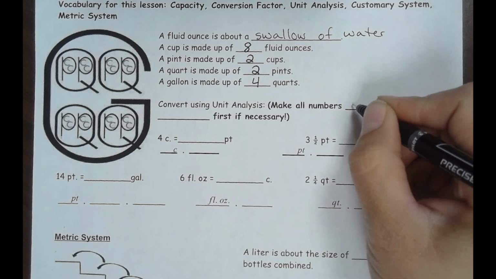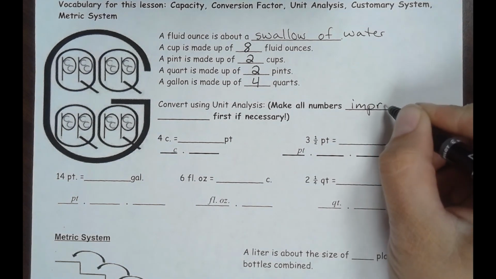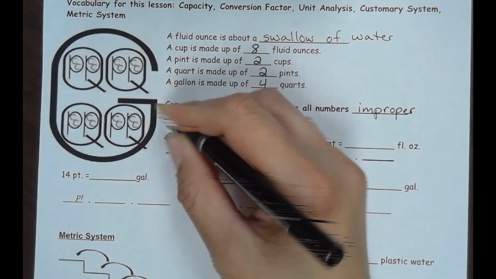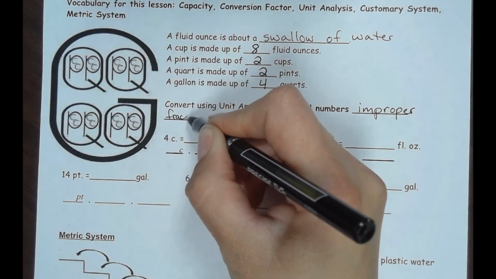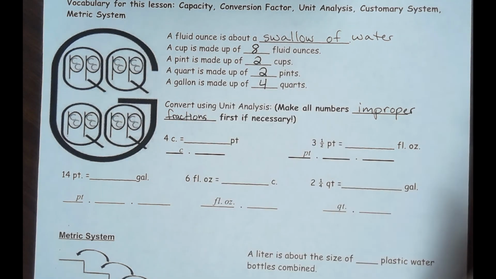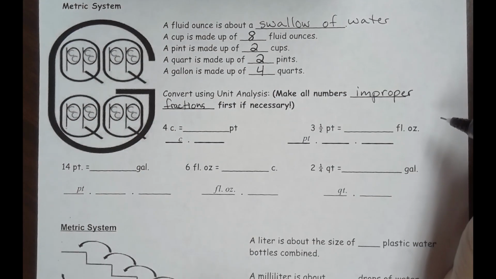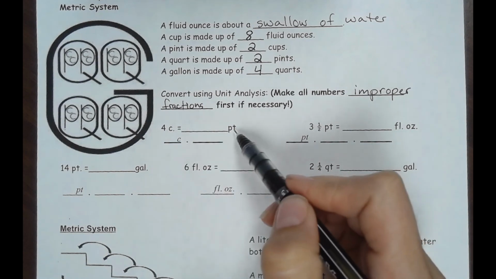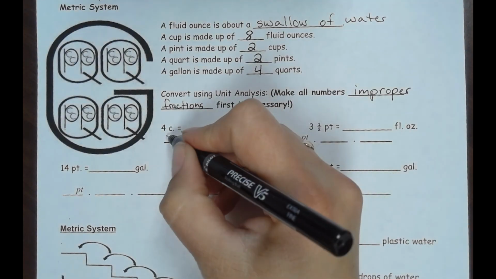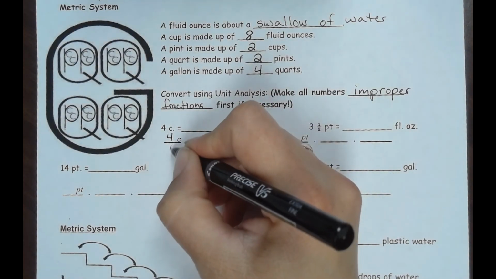Analysis. Make sure that all numbers are improper fractions first if necessary. So if I'm converting 4 cups into pints, I'm going to write 4 cups as an improper fraction of 4 over 1.